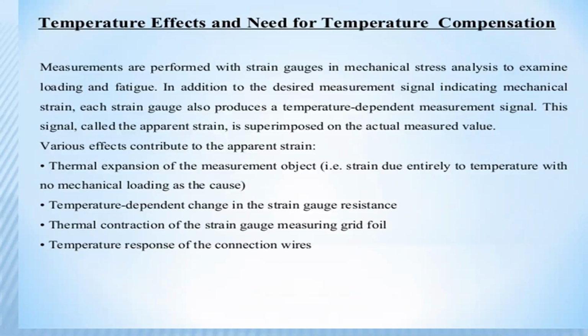What is the temperature effect, and what is the need for temperature compensation using different strain gauges used to measure the temperature, and what are the different effects on that strain gauge?